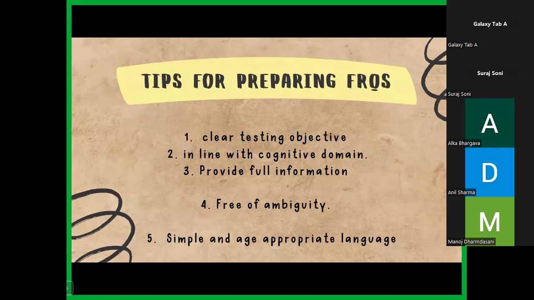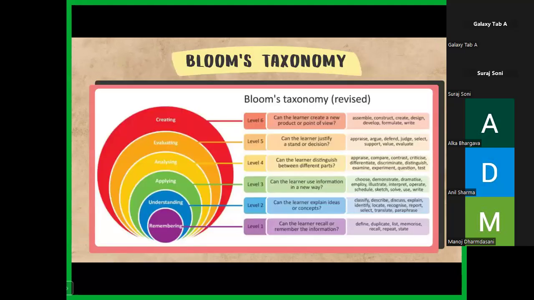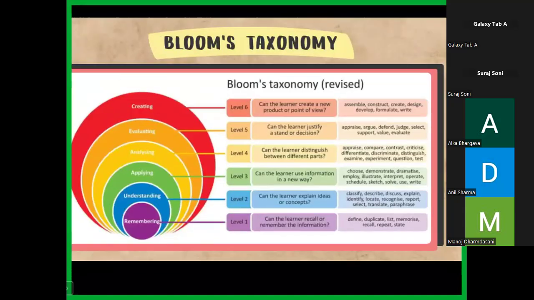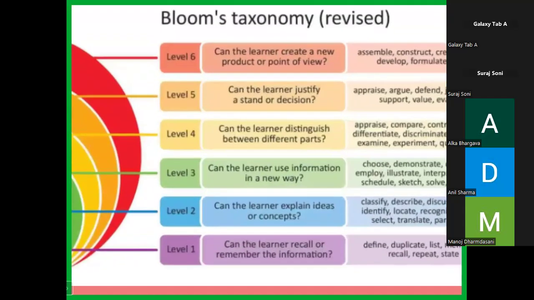When we are trying to see how much the child is able to understand, how much the child is able to figure out, how much the child is able to reason out. So these are competency based questions. So please be very, very clear with this, that MCQs as well as FRQs, both kind of questions can be competency based questions.